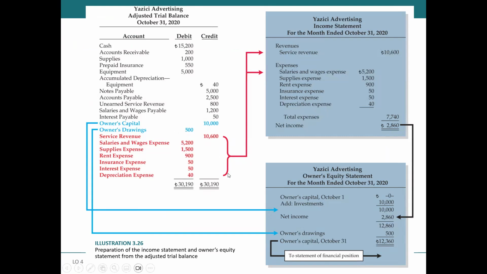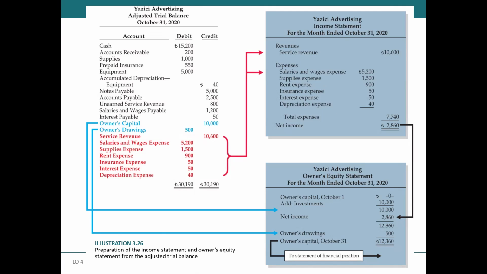I'm going to use the revenue and expenses to prepare the income statement. From the income statement, I will get the net income to put on the owner's equity statement.